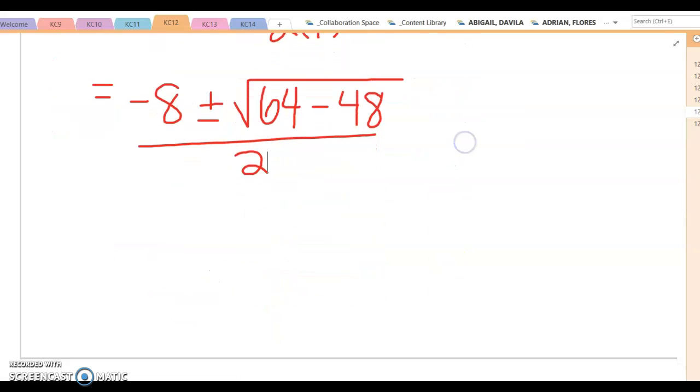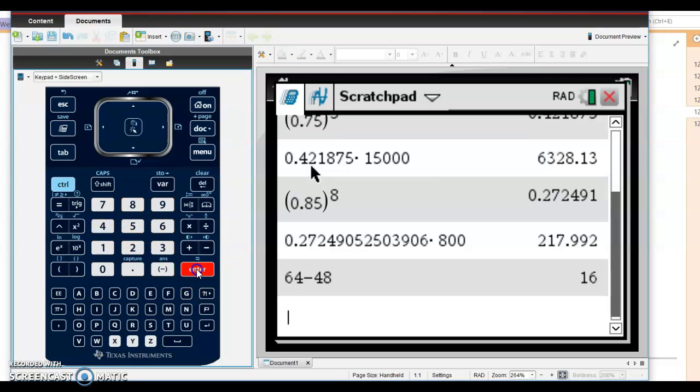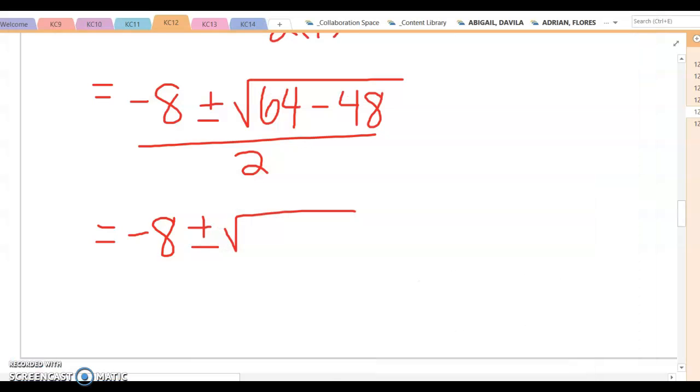We're going to keep going, simplify it again. What's 64 minus 48? I don't actually know off the top of my head. 16. Great. Plus or minus the square root of 16 all over 2.